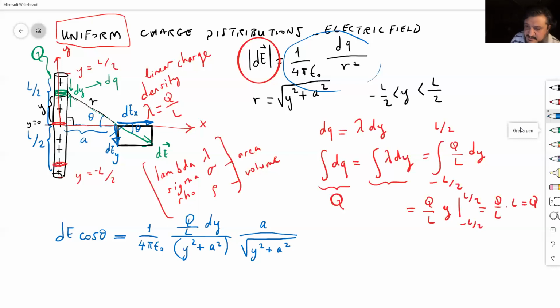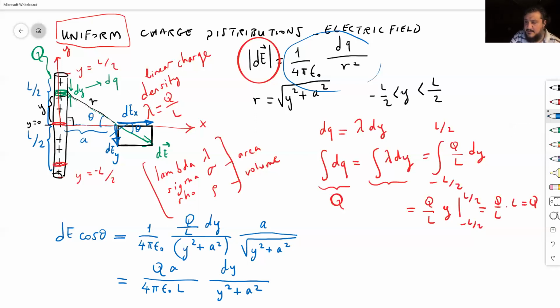All right, so this is equal to Q times a divided by 4 pi epsilon 0 over L times L, dy divided by y squared plus a squared.